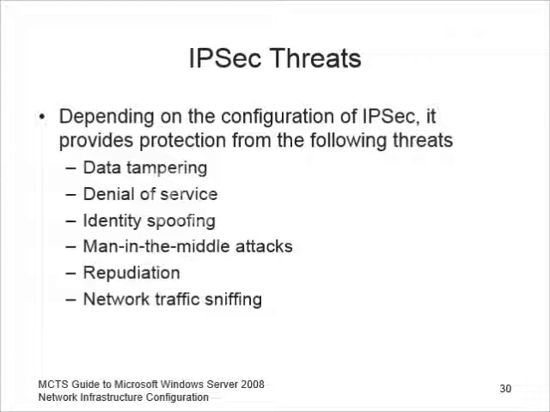We also have identity spoofing. An attacker can falsify or spoof the identity of either the sending or receiving computer by using special programs to construct IP packets that appear to originate from valid addresses inside of an untrusted network. IPsec allows the exchange and verification of identities without exposing that information to interpretation by an attacker.